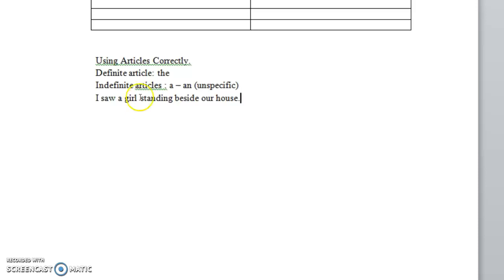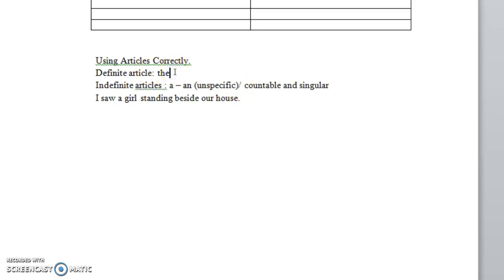When the noun is unspecific, we don't know who the girl is. It's the first time we see her, so we use a. If we have a vowel letter, of course, we use an. And as we said before, in order to use a or an, we should have a countable and singular noun. Otherwise, we cannot use a or an.